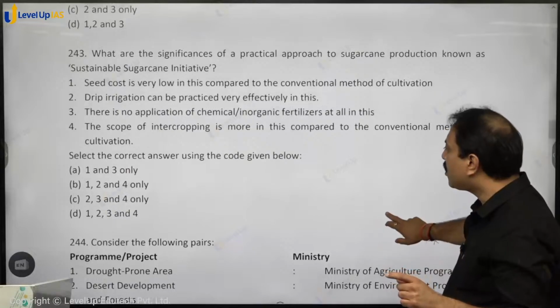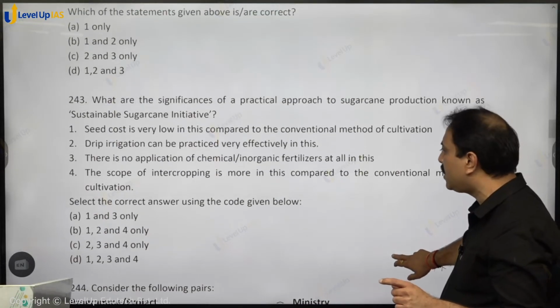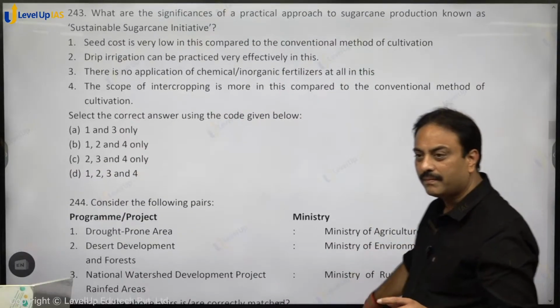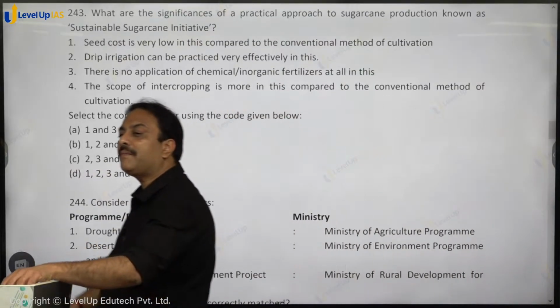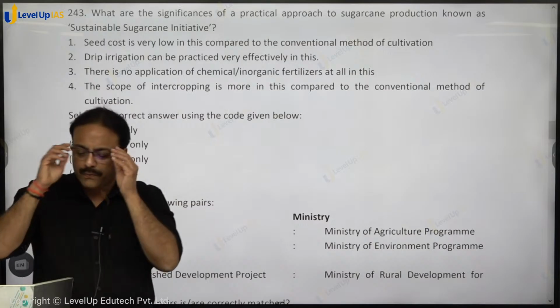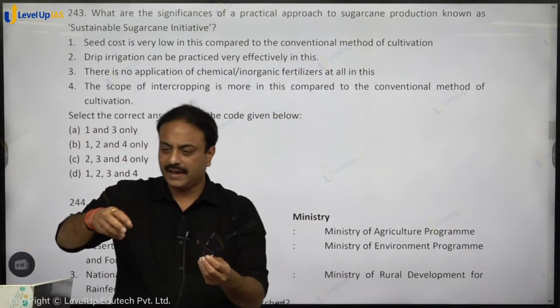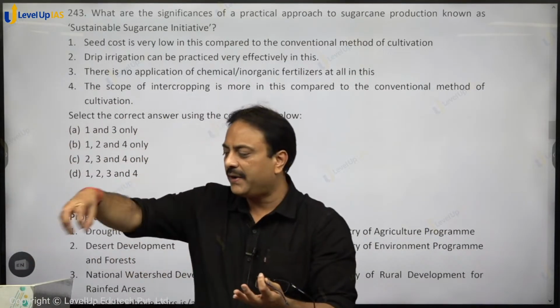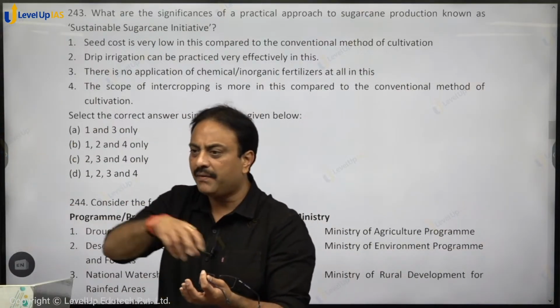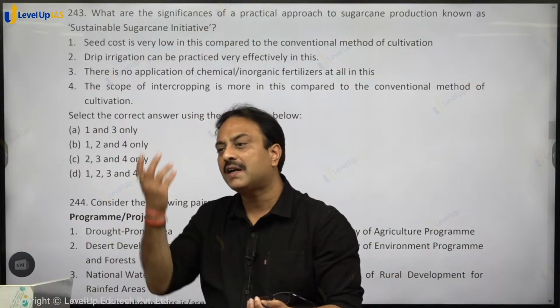The scope of intercropping is more in this compared to the conventional method of cultivation. Yes, what is the problem? Intercropping means a crop is grown. What crop are we growing? Sugarcane, right? So instead of clubbing close to each other, one plant here, one feet later one plant, again one feet later one plant, as the sugarcane is planted. In between, space is there, so another plant can be grown there.